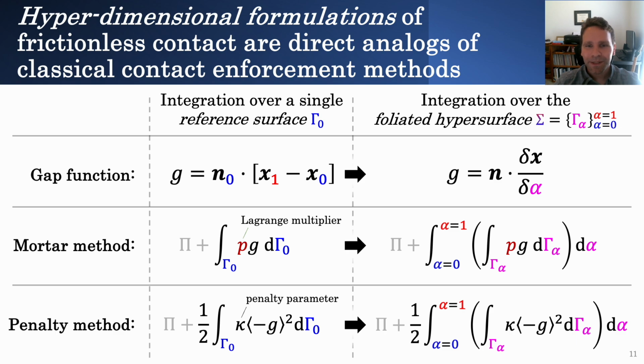Okay, so with all these different conditions put together, we can now formulate some hyperdimensional formulations of contact, which are really not so different in some respects to classical formulations of contact, in that there's only a few things you need to tweak or change.